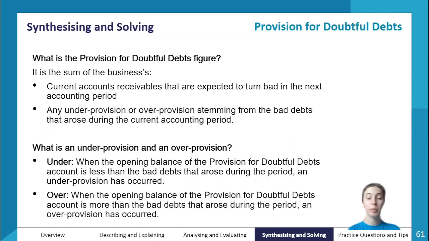And then the over provision is just the opposite, which is better in a sense because you expected it to be worse. You had the provision for doubtful debts as higher than the doubtful debts that actually arose. That's good because it turned out better than what you expected and what you accounted for.